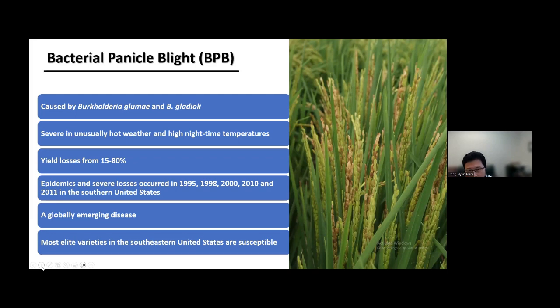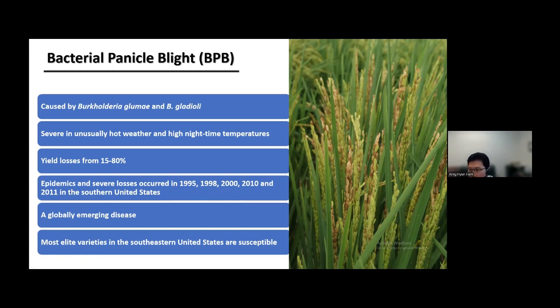This disease is severe in unusually hot weather and high night temperatures, and it can cause yield losses from 15 to 80%. Severe epidemics and yield losses occurred in the mid 1990s, the early 2000s, 2010 and 2011 in the southern United States.